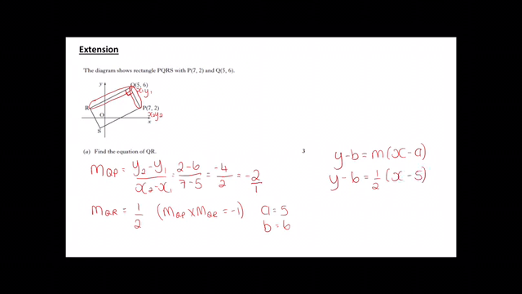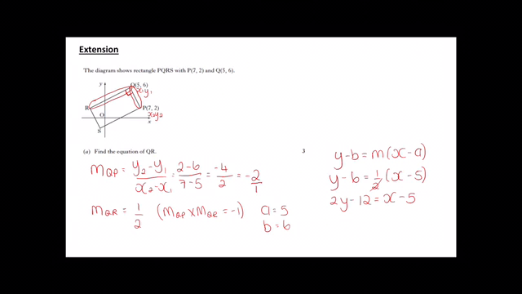I'm going to deal with that fraction by timesing everything through by 2. So I've got 2y minus 12. Remember, when you times your right hand side through by 2, essentially you're just getting rid of that denominator. And I can now multiply my bracket by 1. Gives me x minus 5. That would be perfectly acceptable as a final answer.